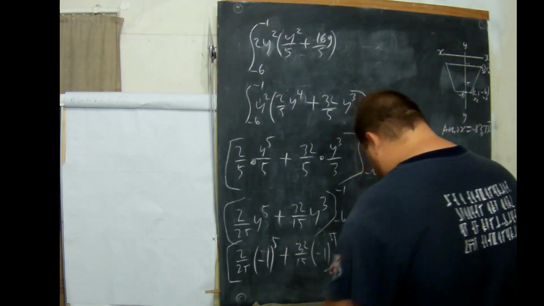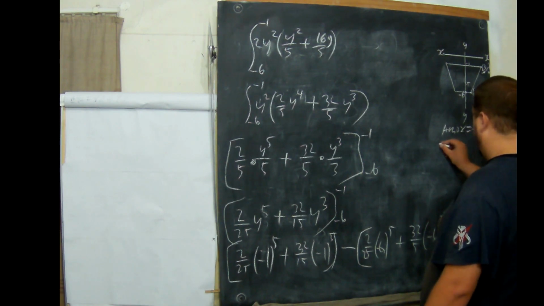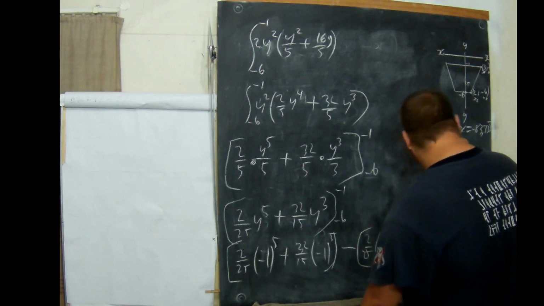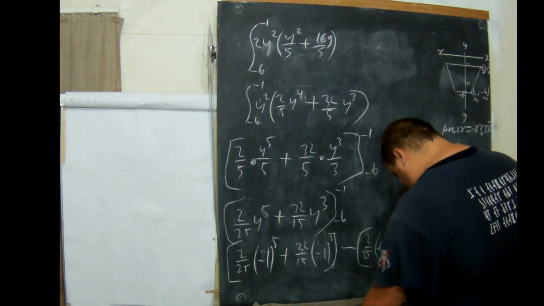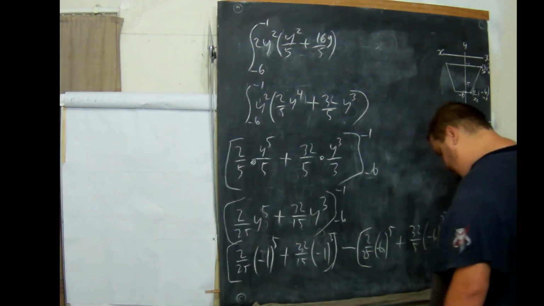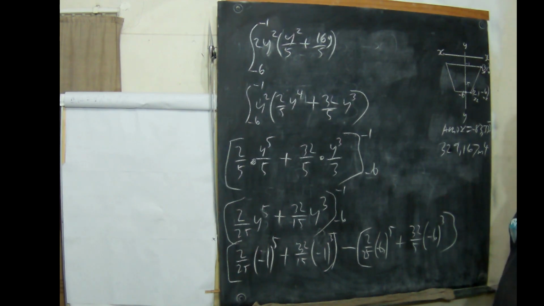And this all gives us our final answer of 329,167 meters to the 4th power.